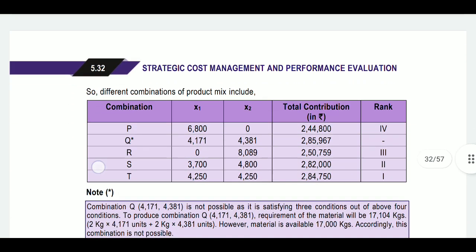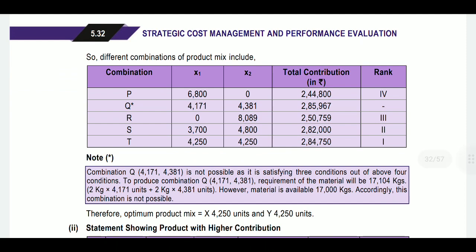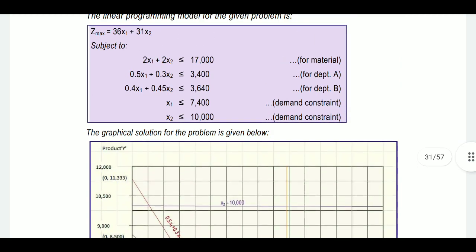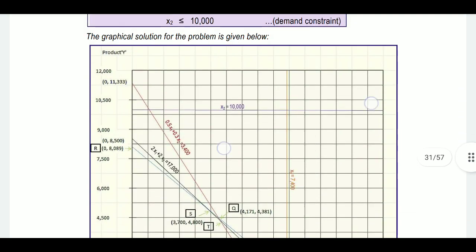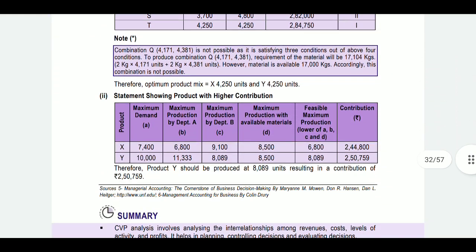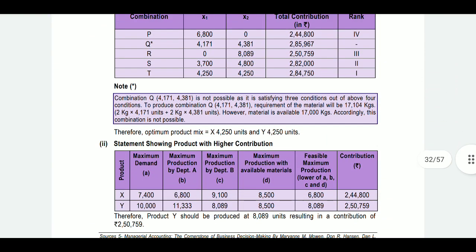They provided the graph, with different product mix points P, Q, R, S, T. From this we will construct the graphical solution. Combination Q is not possible as it satisfies only 3 conditions out of the above 4 conditions.